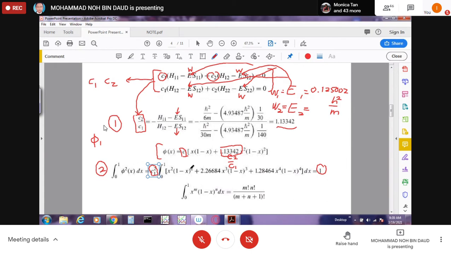So you can integrate each of these terms, this one and this one, using the integration rules.